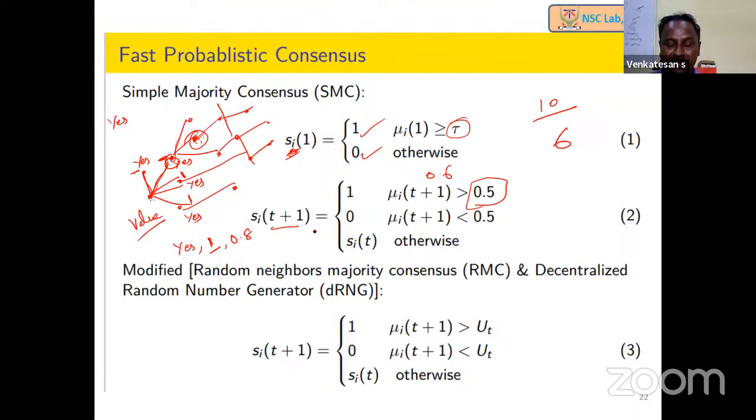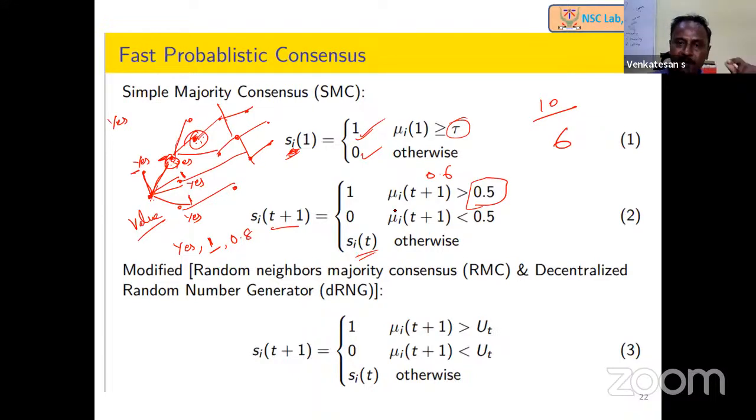So 1 is accepted in that round also. Earlier also 1, now also 1. If it is less than 0.5, we say no, we are going to reject in this round. But it will keep on going. We are not going to take the decision there. After a certain number of attempts, if the same output remains for long, then only we are going to take the decision. If it is equal to 5, whatever was the decision earlier, we are going to keep this.